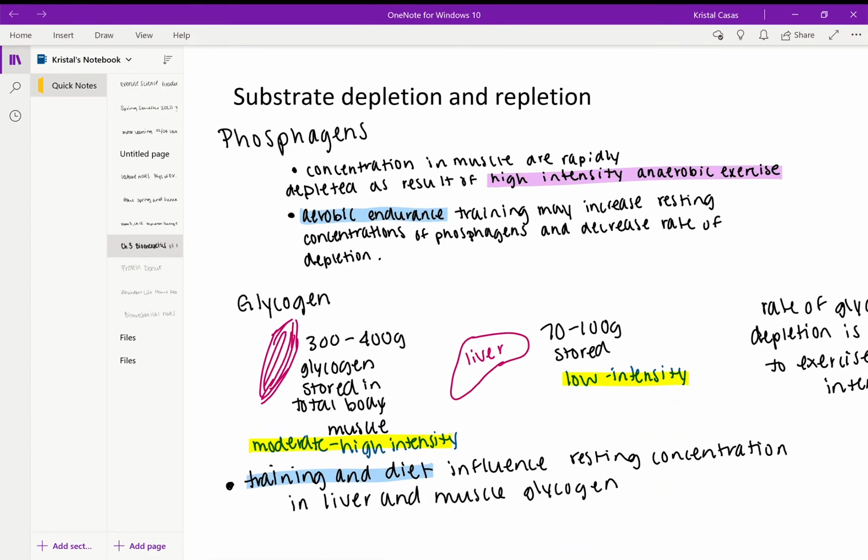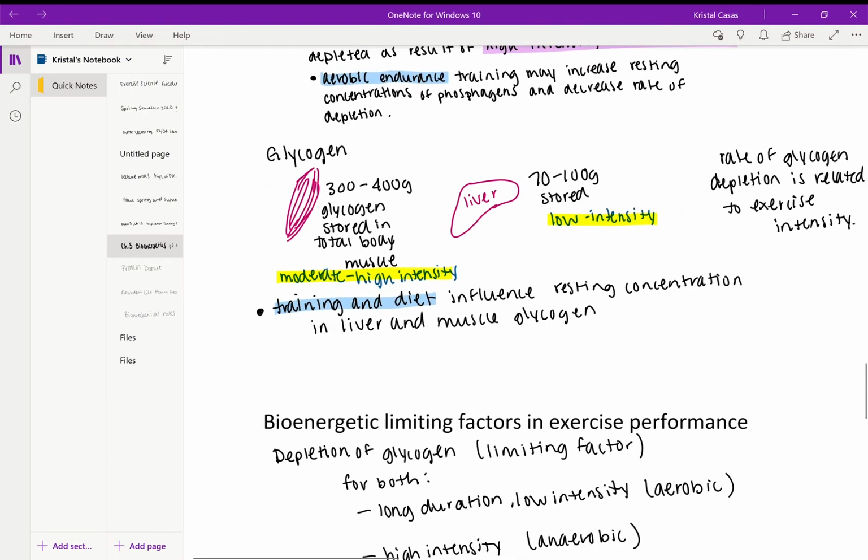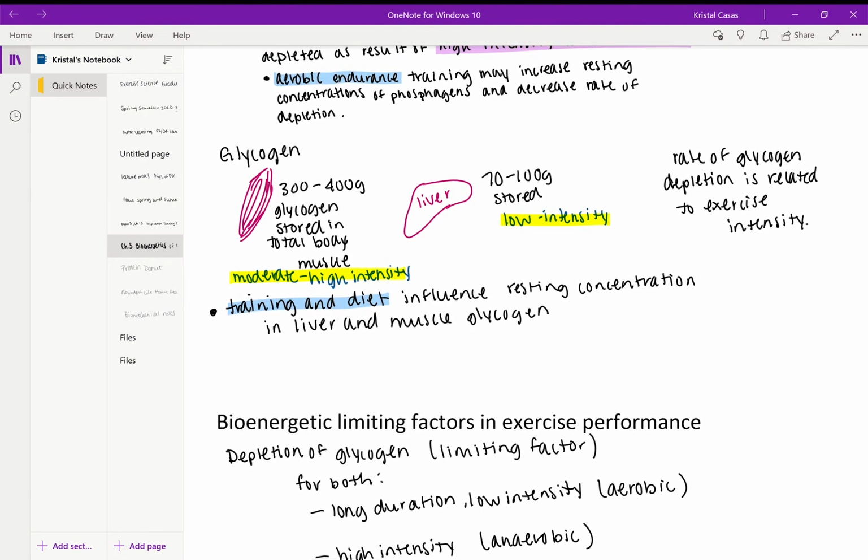Phosphagens. The concentrations in the muscle are rapidly depleted as a result of high-intensity anaerobic exercise. However, aerobic endurance training could increase the resting concentrations of phosphagens and decrease the rate of depletion. For glycogen, we have glycogen stored in the muscle, and we also have it stored in the liver.